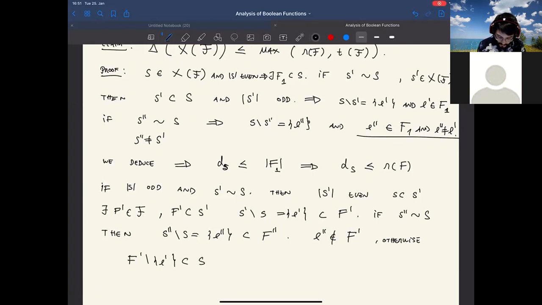However, then, well, L2 prime belongs to F prime. You didn't remove it because you removed L prime, and L prime has to be different from F2 prime. Otherwise, the two sets S prime prime and S prime wouldn't be different.